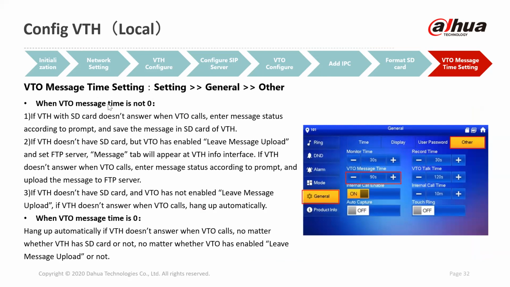So when the video message time is out, it is not 0. First of all, if the VTH SD card doesn't answer when the video calls, enter the message status and according to the prompt, save the messages in the SD card. If the VTH doesn't have an SD card, but the VTO has enabled the leave message upload, the set SIP server message tab will appear in the VTH info interface.